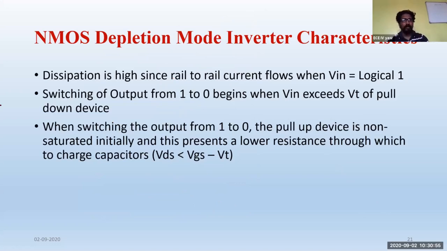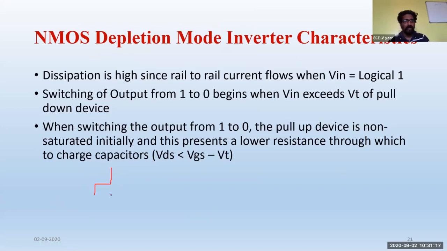Now let us see the dissipation in the NMOS depletion mode inverter. In the NMOS depletion mode inverter, we can see that the dissipation is very high since rail-to-rail current flows. What is actually happening in the NMOS depletion mode inverter? We know that the ground terminal is connected to the source terminal.